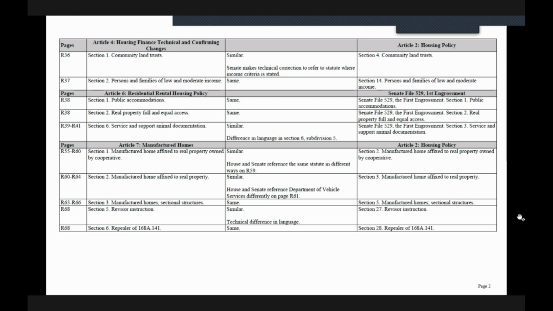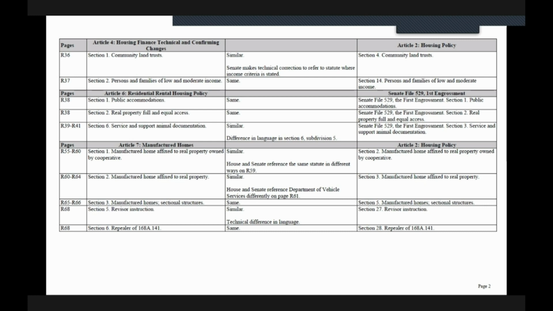And Ms. Mullen, are you continuing? Chair and members, yes, on R68, there is a repealer in both the House and the Senate, and it is the same. If you look at the House language, it's labeled 59.1, and if you look on the Senate side, it's labeled 28 or 38.25.